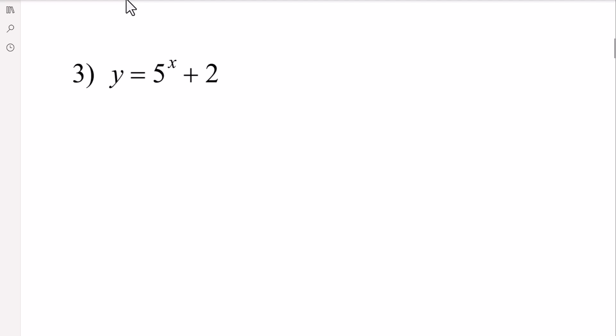Now we have an exponential. The inverse of exponential is a log. And by the way, just in case any of you wonder, what the heck is a log?